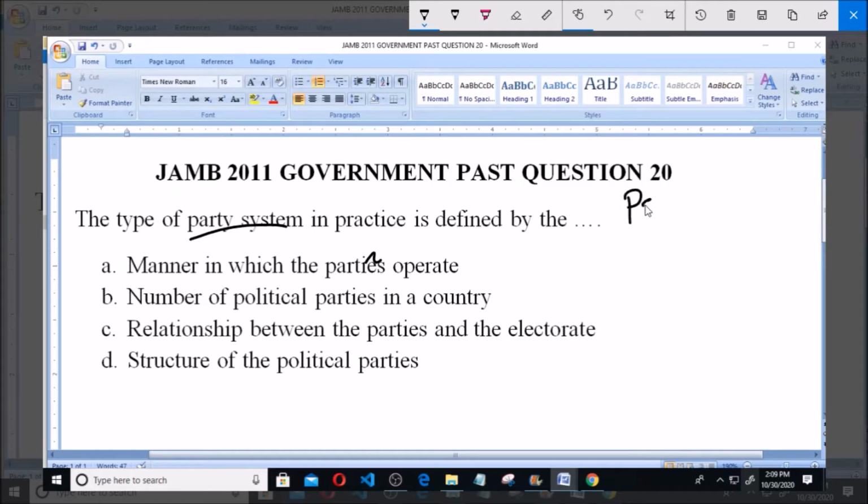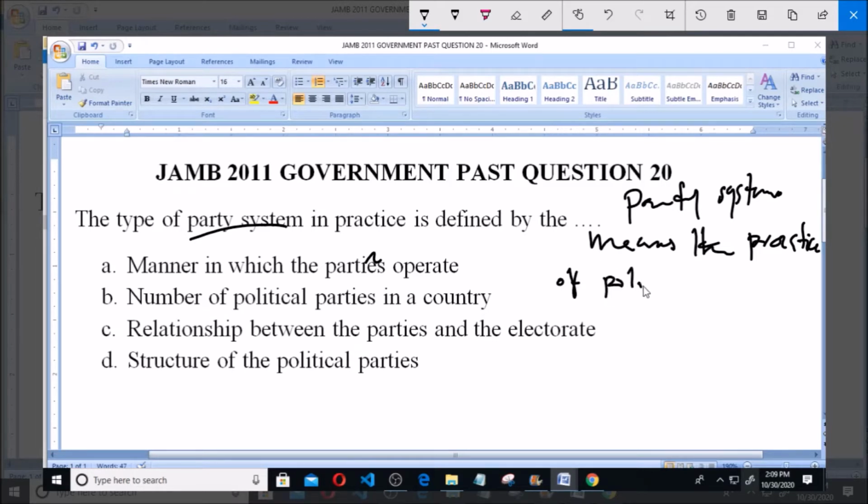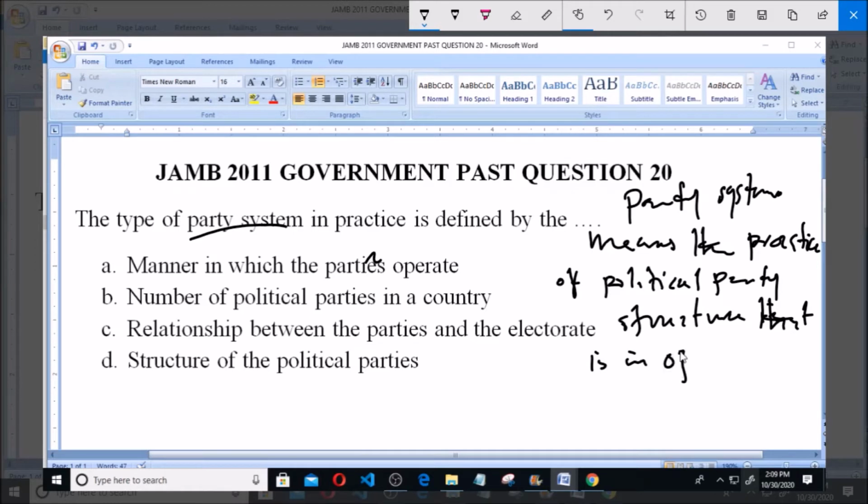Party system means the practice of political party structure that is in operation in a state or country.